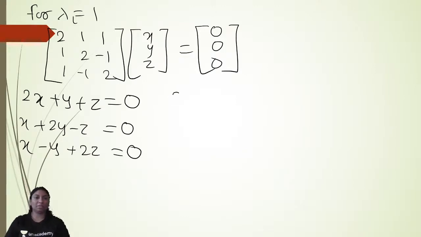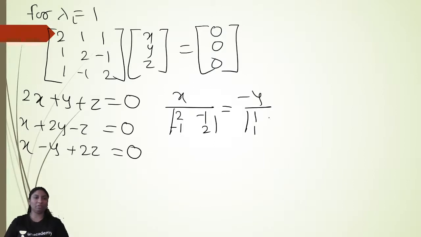Now by using Cramer's rule we can calculate x. x upon the determinant of [2, minus 1; minus 1, 2], equals minus y upon the determinant of [1, 1; minus 1, 2], equals z upon the determinant of [1, 2; 1, minus 1], is equal to k.